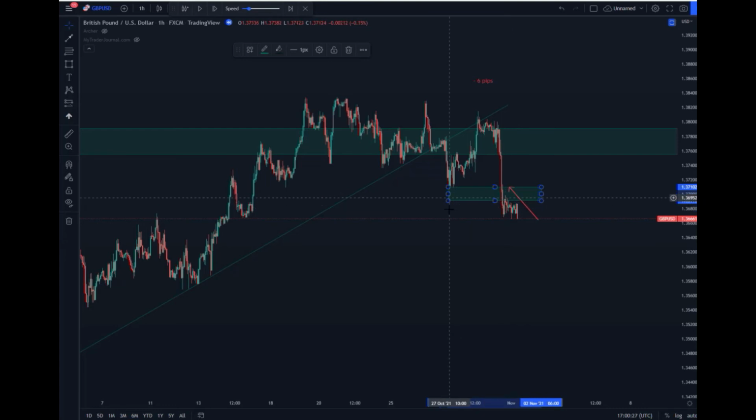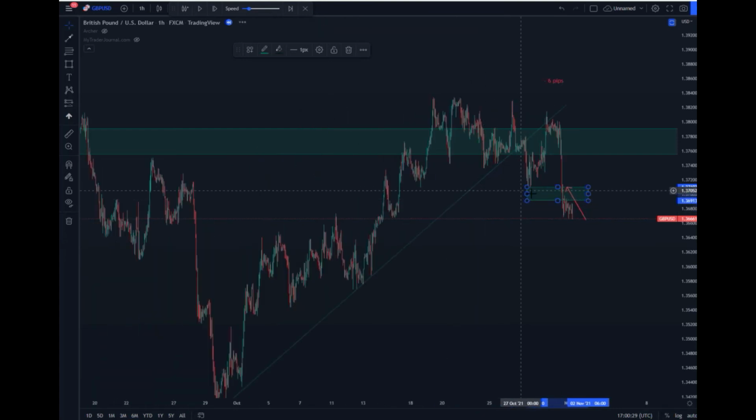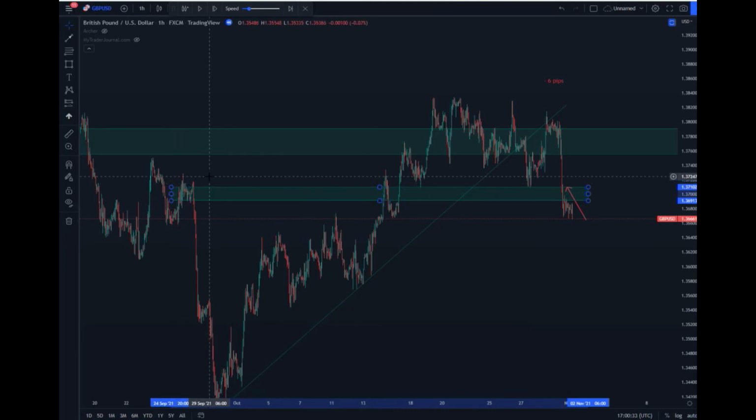If I take this all the way to the back, you would notice that similarly this area has been a key area of support in the 1 hour time frame in the past. You can see rejection here, here, here, here. So I would take this for sell.